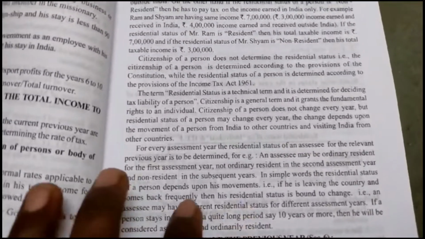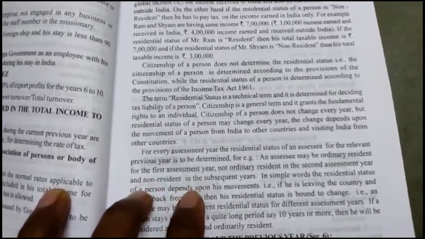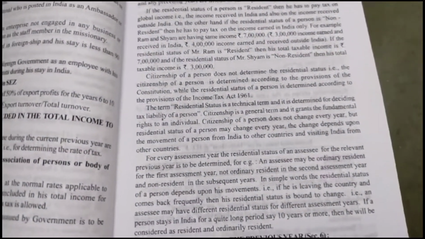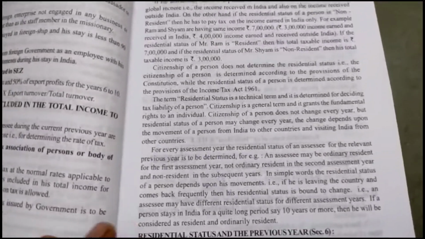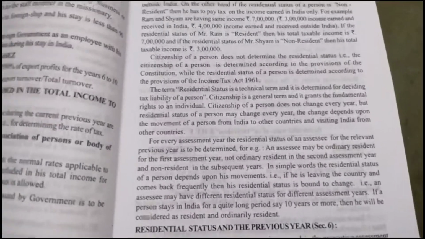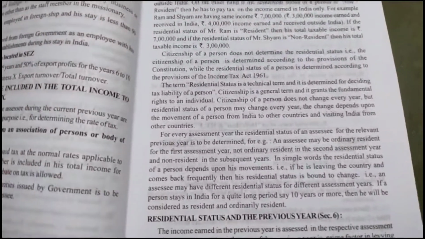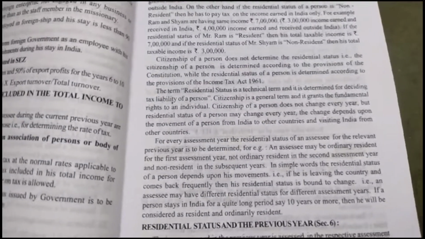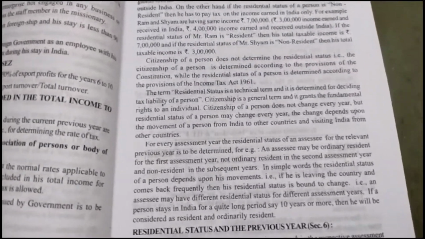So here, the point he has given is that for every assessment year, the residential status of a person will be different. Suppose in the previous year he stayed 6 months here and 6 months in a foreign country, or else totally in the previous year he stayed in India only.